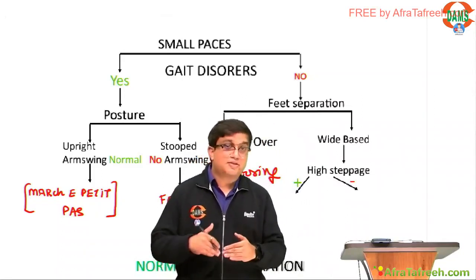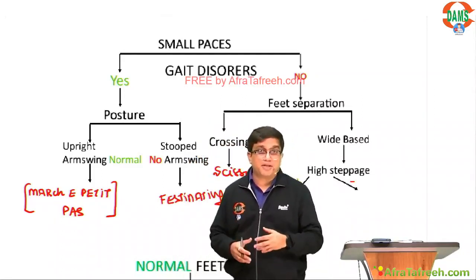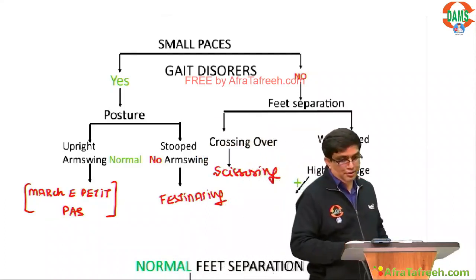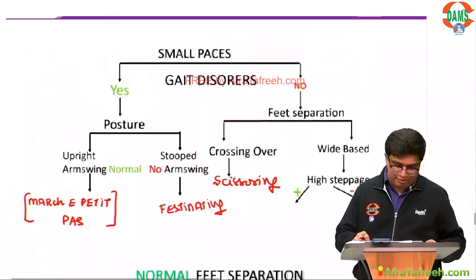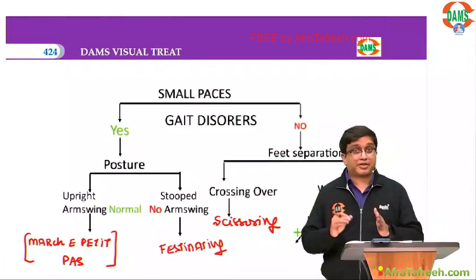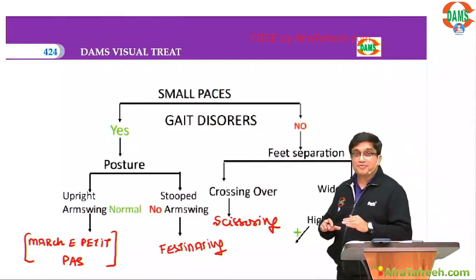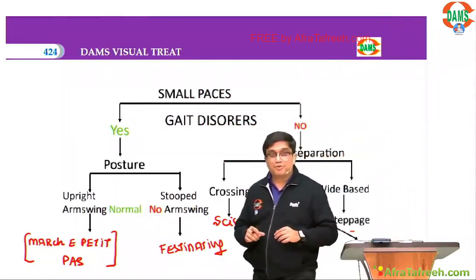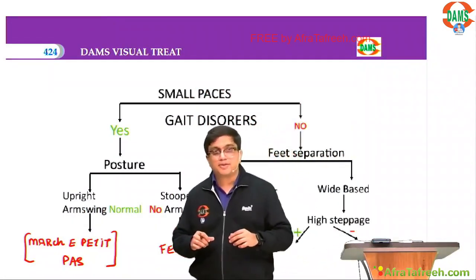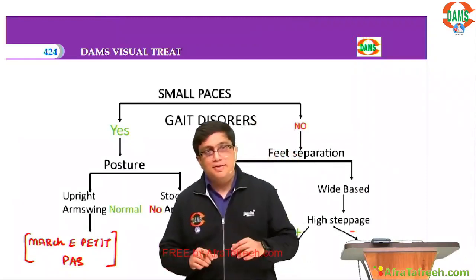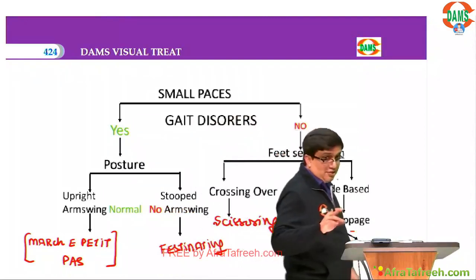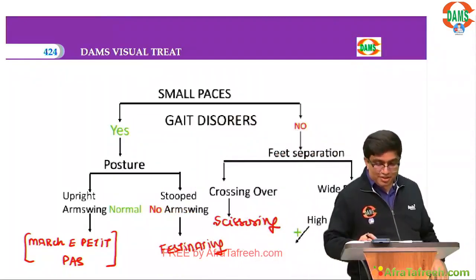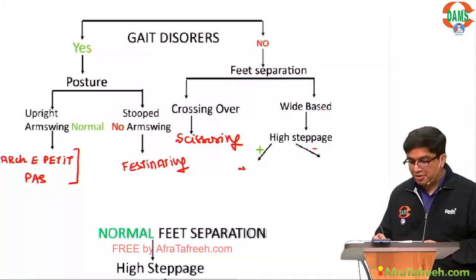And he's taking a step high above the ground as if he's stamping it on the floor. Tell me, what kind of gait do you think about? The feet separation is wider. The person takes his feet high above the ground and puts it on the ground forcefully like this, like an elephant walking, with a wide feet separation. That's very important thing. Stamping gait seen in a posterior column lesion.